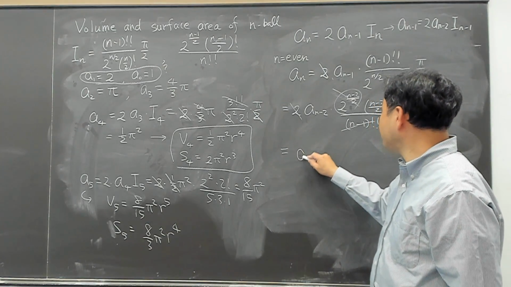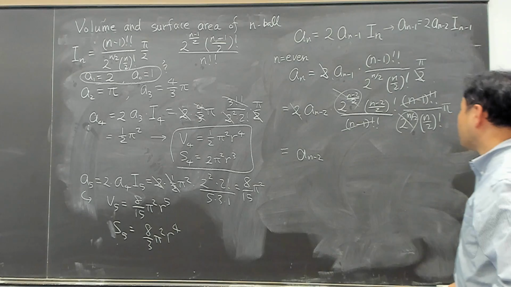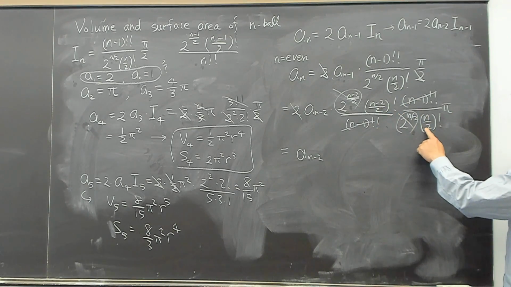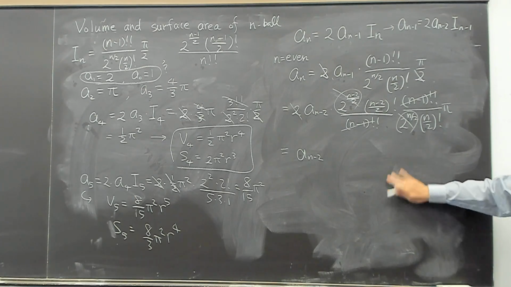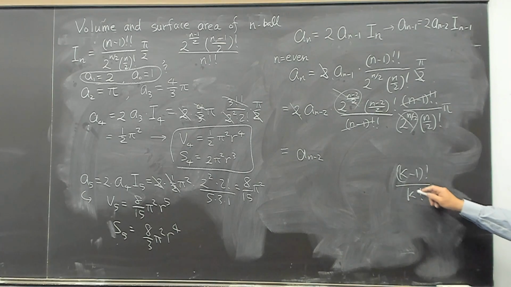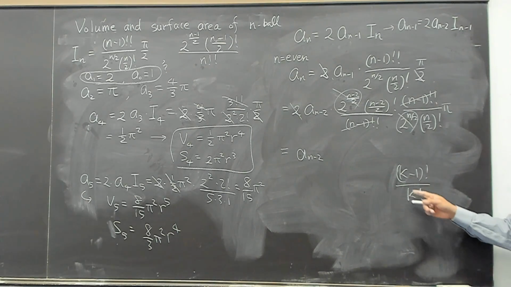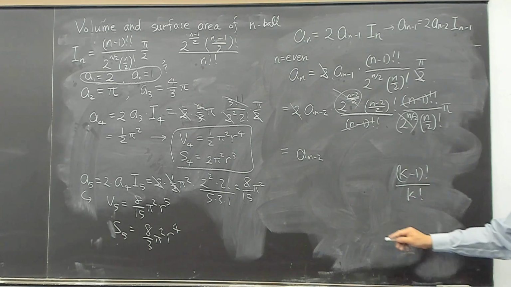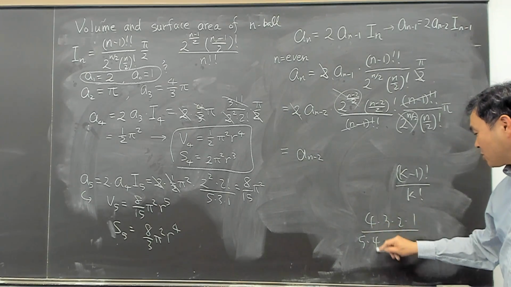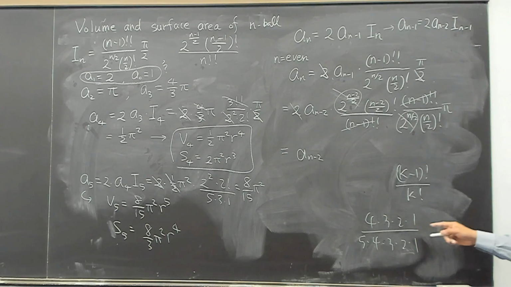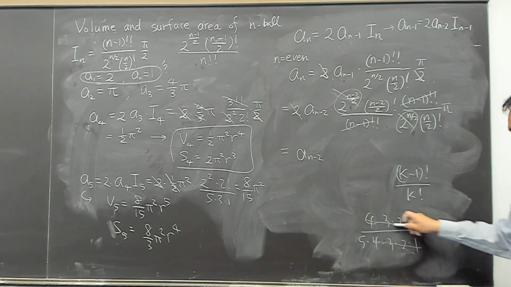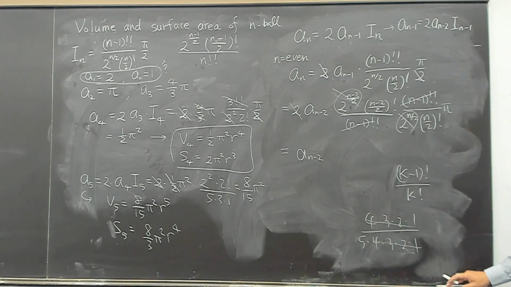And then finally, this is 1 less than this. So if you have something like (k-1) factorial over k factorial, hopefully you've seen this before. It's like 4 times 3 times 2 times 1 over 5 times 4 times 3 times 2 times 1. So this is like 4 factorial over 5 factorial, just like this, right? And every one of these cancels and you just get this left out.